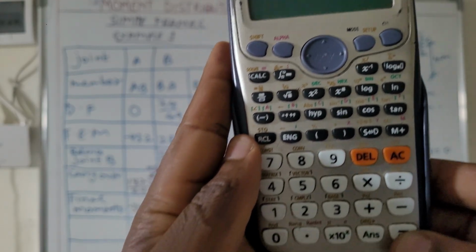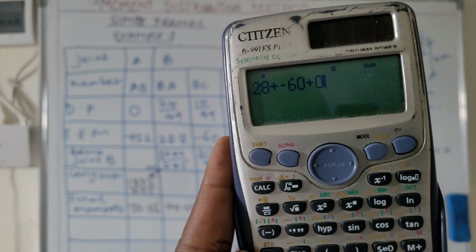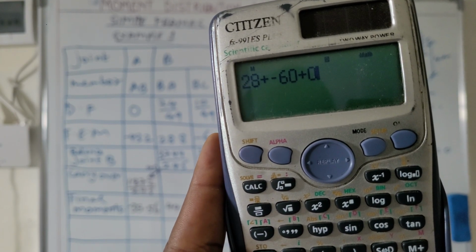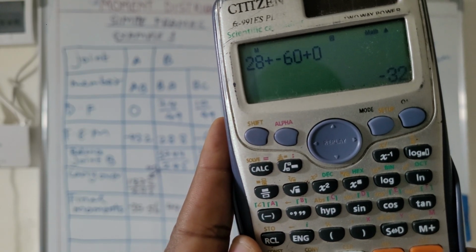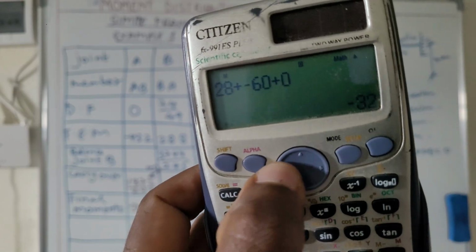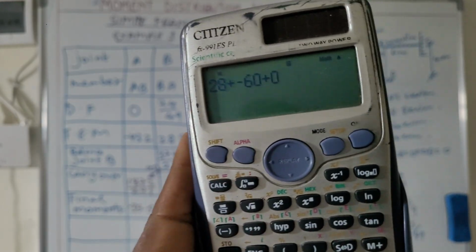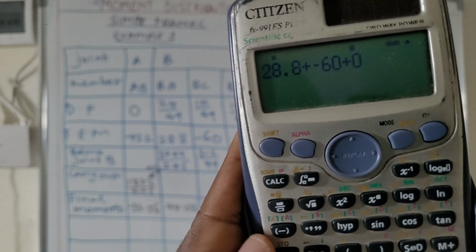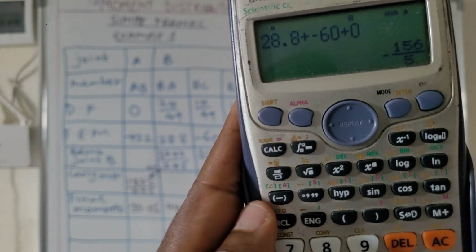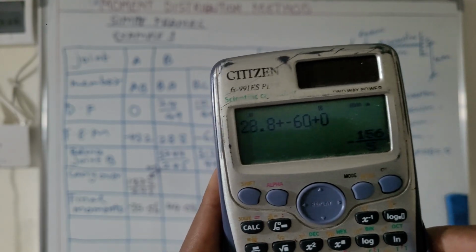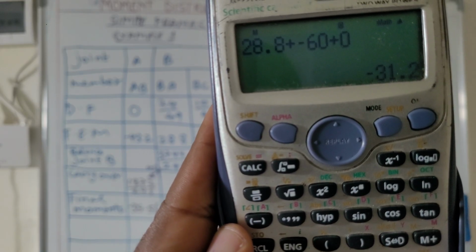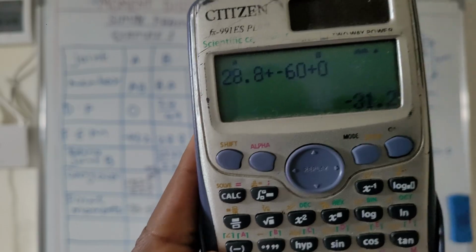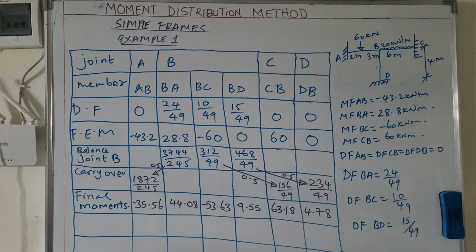If you press the equal sign, it should give you 0 for that joint to be in balance. But if it's not equal to 0, then it is not in equilibrium. As you can see, our answer is not equal to 0. Our answer is negative 31.2.